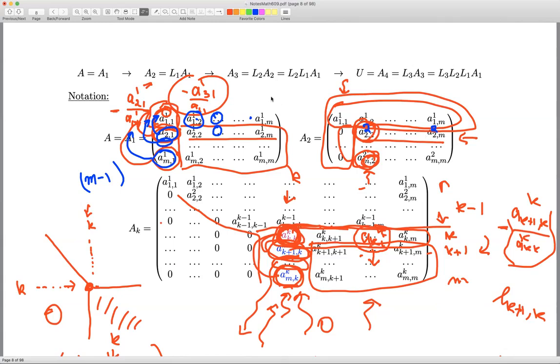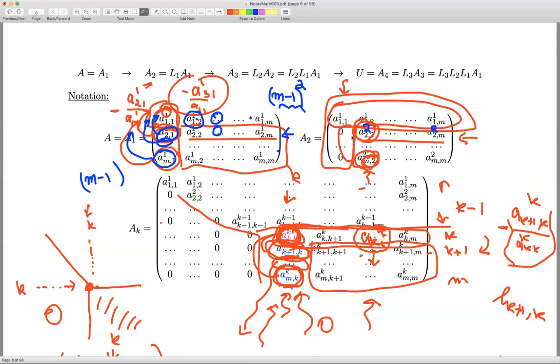So basically we have m minus 1 additions, m minus 1 multiplications, and m minus 1, think of them as additions or subtractions, doesn't matter. And this is for this row, but we have m minus 1 rows. So for every row we have m minus 1, and we have m minus 1 rows, so we'll have m minus 1 squared additions and m minus 1 squared multiplications at the first step.